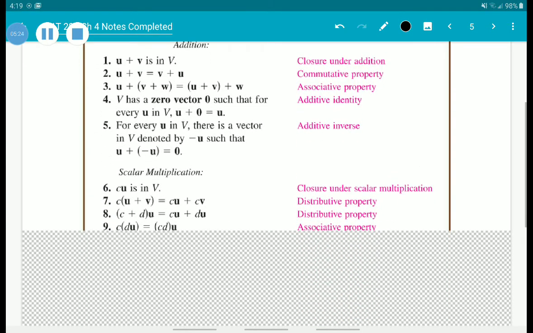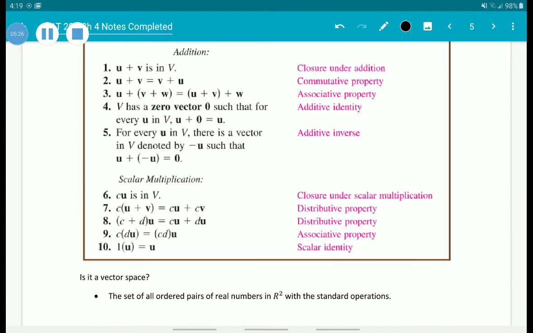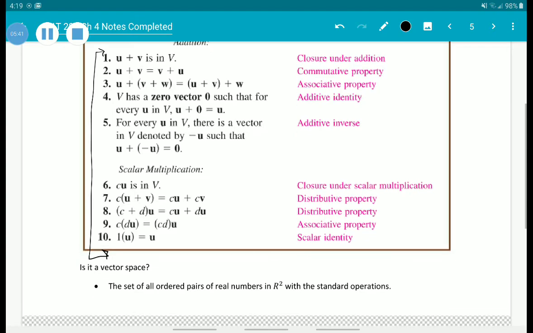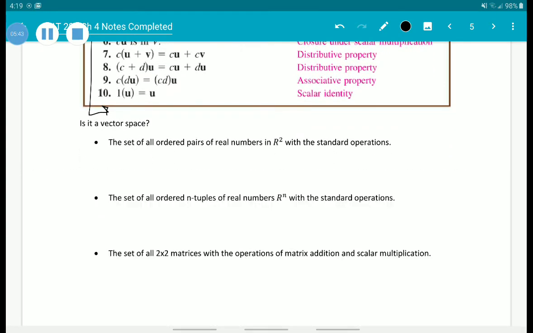Remember, when we talk about proving something, then we have to go through and we have to show it works for all 10 of these axioms. So we're going to be really tedious and meticulous when we talk about our notation here and our proofs. We're going to see a lot of proofs in this. So let's start out with an easy one. Let's say we want to look at the set of all ordered pairs of real numbers in R2.